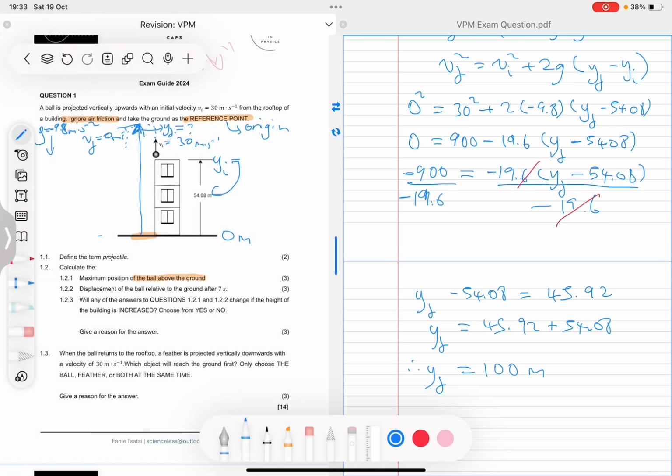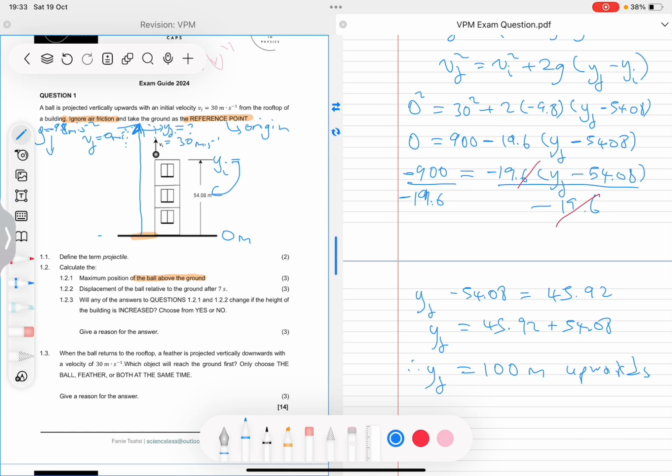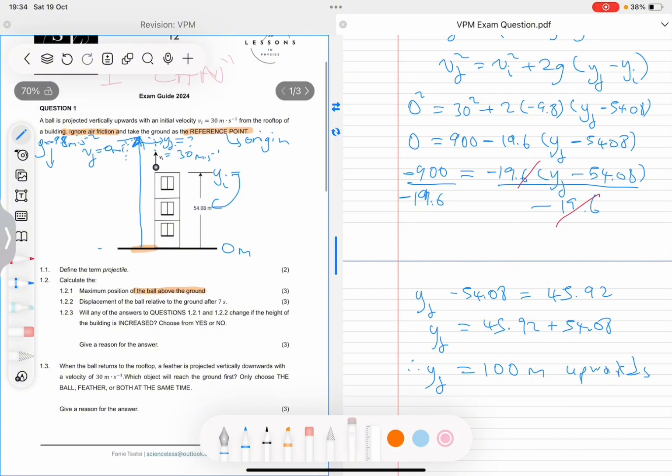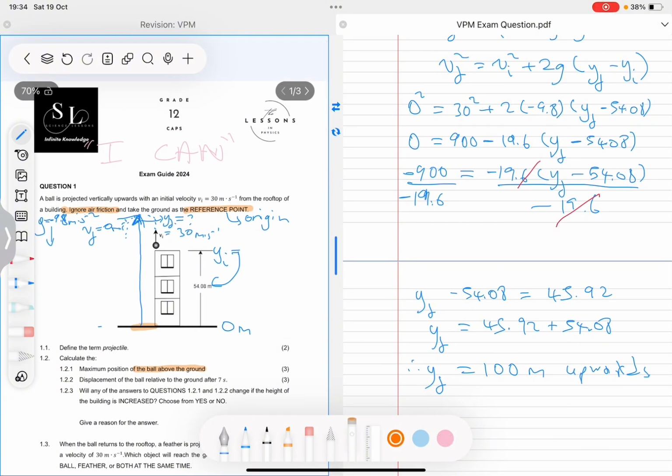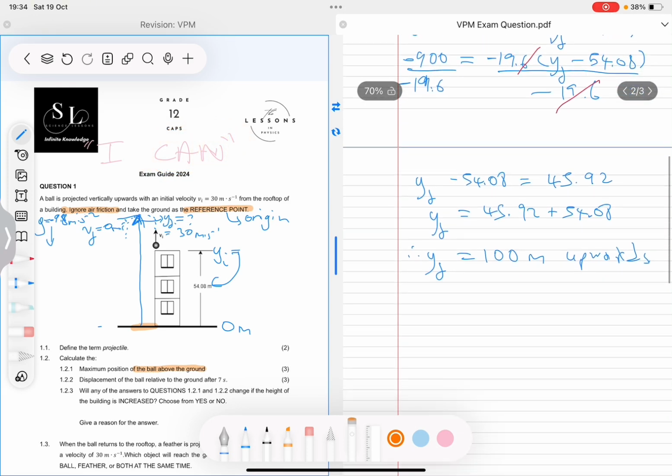Because this answer is positive, it means this is going upwards. It means this ball is at the maximum position, and this makes sense when we navigate this problem. So now, after we find our answer, we do this part here, the N, navigate the problem. Navigating the problem means making sure that our answer makes sense.